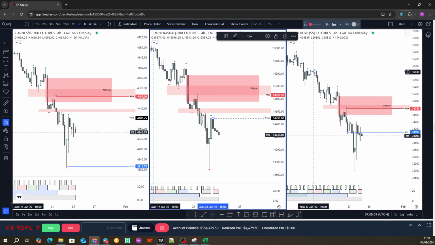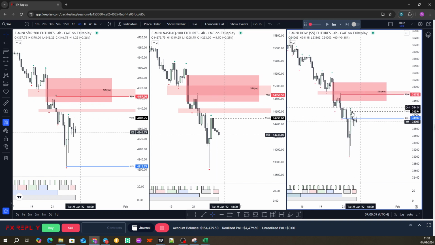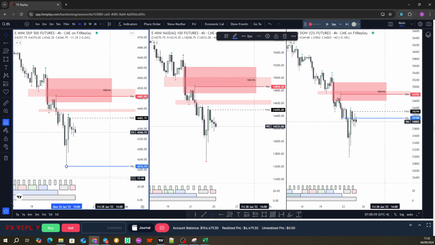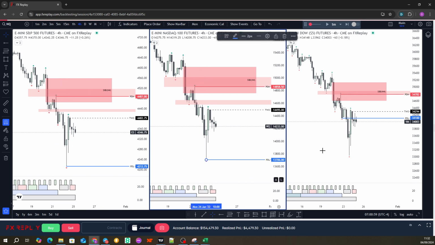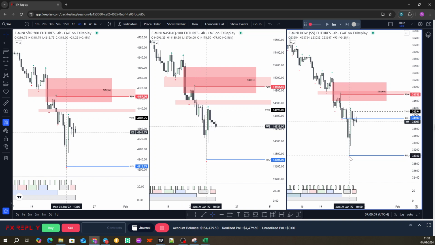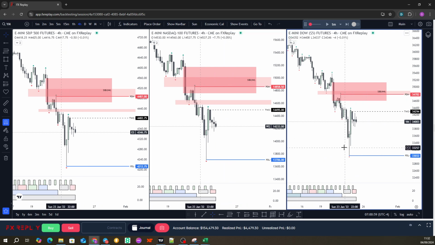Perfect. And I think it's that one. Okay. We have a previous day's low. We'll keep the highs intact from Monday. And we want Tuesday's high. Which is not clear.